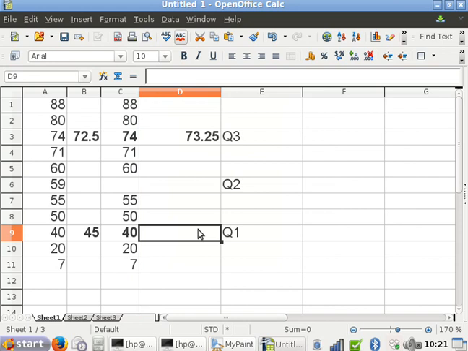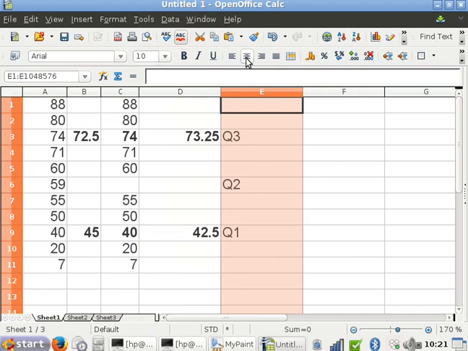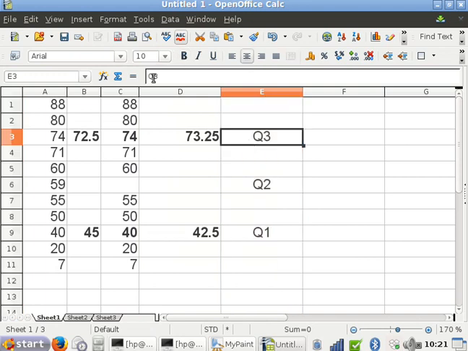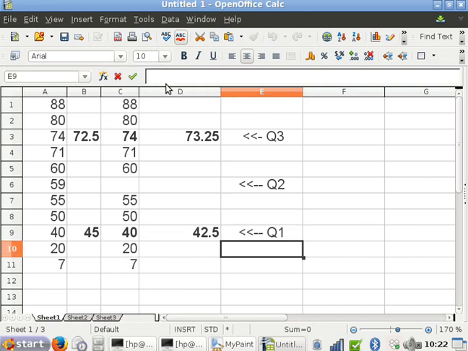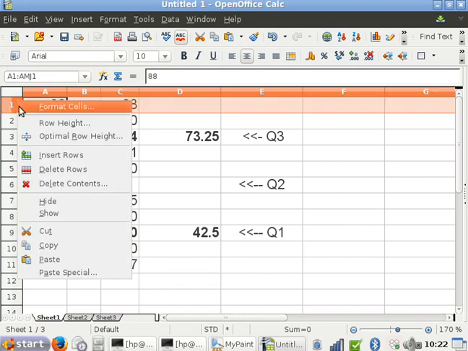And then here it would be this, this plus this divided by 2. So there you go. That's the third quartile. That's the median. And that's the lower quartile.